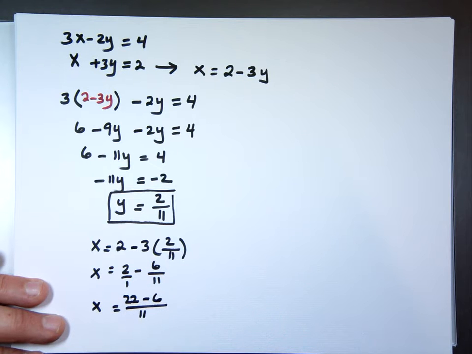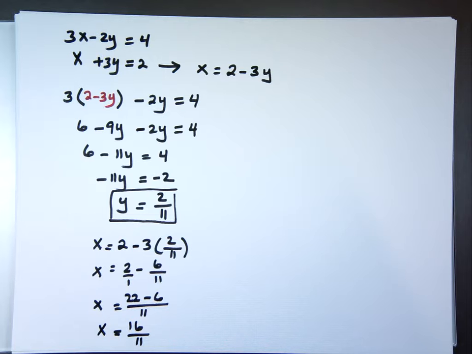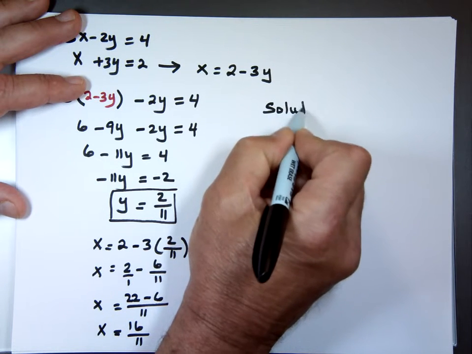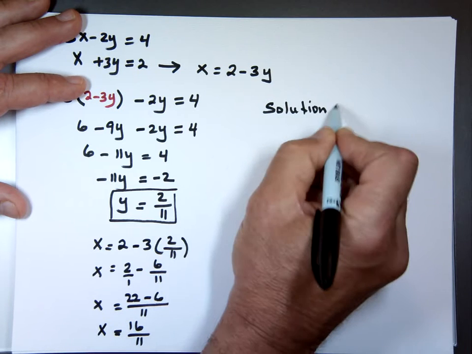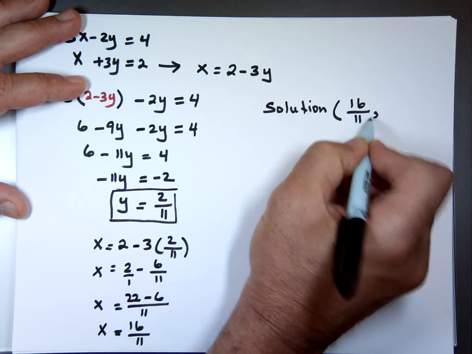What's 22 minus 6? Is it 16? So my solution: x is what? x is always first, 16 over 11, and the y value is 2 over 11.